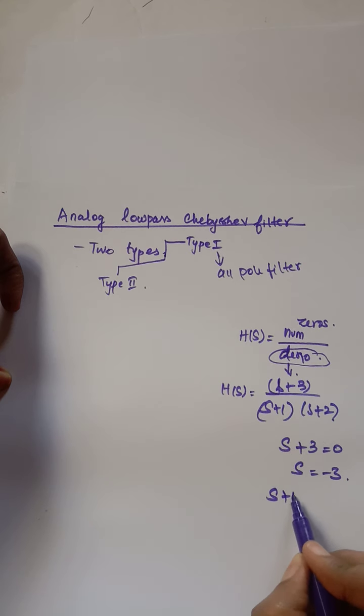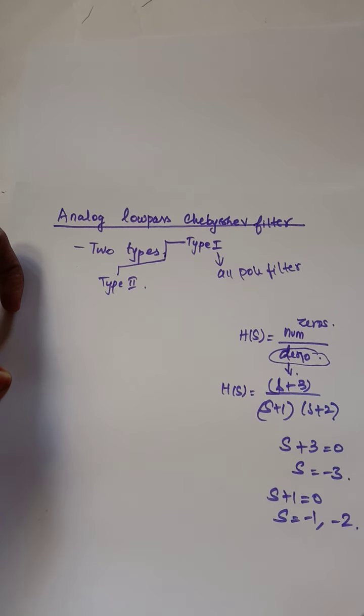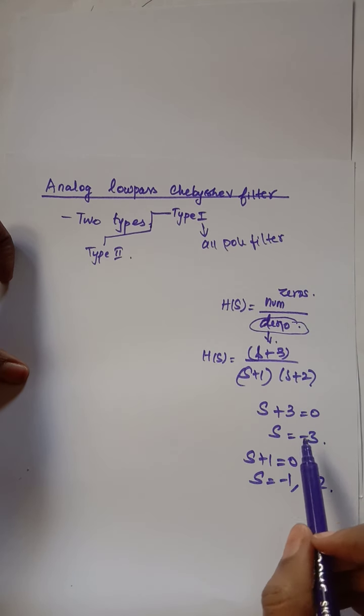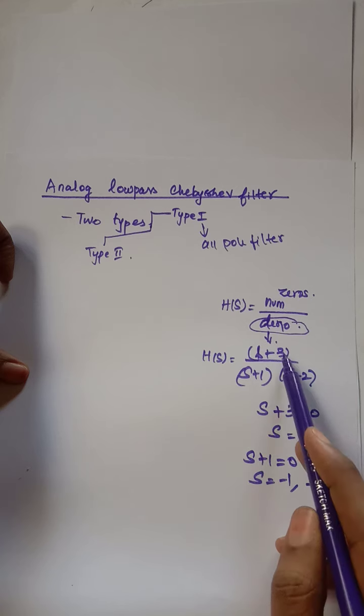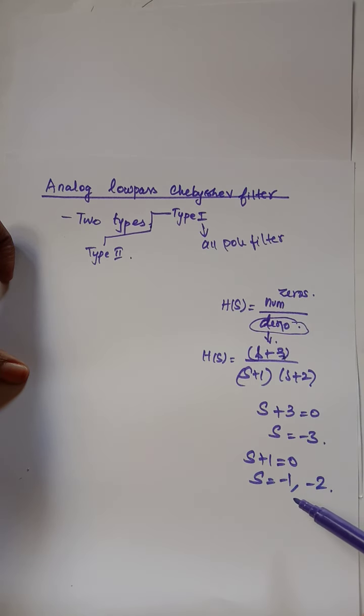Here s plus 1 equal to 0, so s is equal to minus 1. Similarly s is equal to minus 2. So from the numerator you will get zeros, and from the denominator we will get poles.